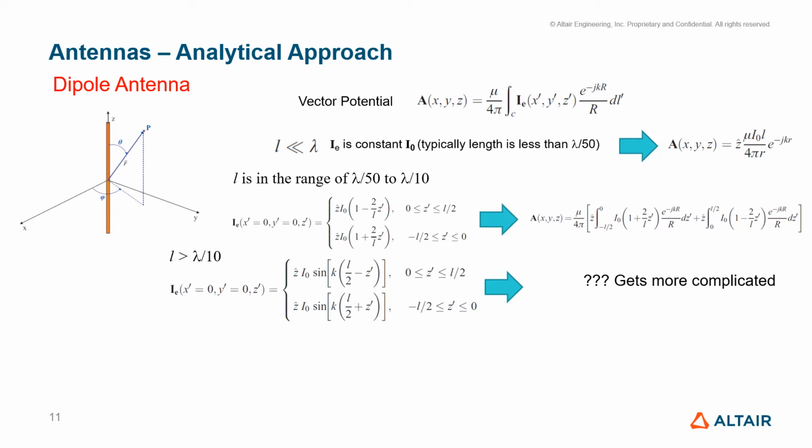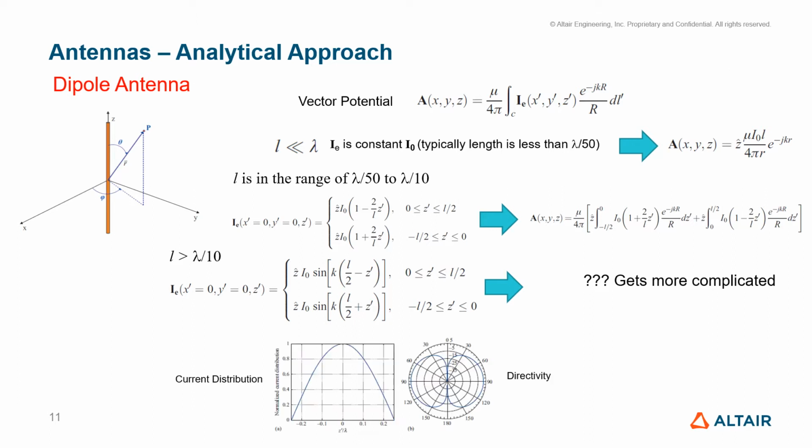Then the current will behave sinusoidally along the length of the dipole, which means the integration that you have to do will get more complicated. But of course, it's not very difficult to do that mathematically. So one can obtain the current distribution like this, and the directivity can be calculated from the current distribution.